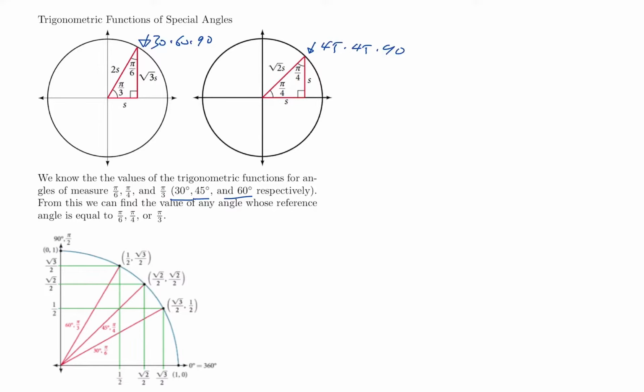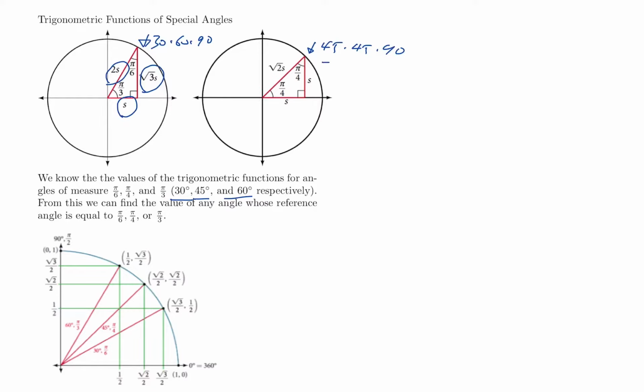These two triangles have the same ratio between their distances. So if the radius is 2s, this horizontal distance from the vertical diameter is always half of the radius. And this length right here, which is the vertical distance from the horizontal diameter, is always square root of 3 times s.